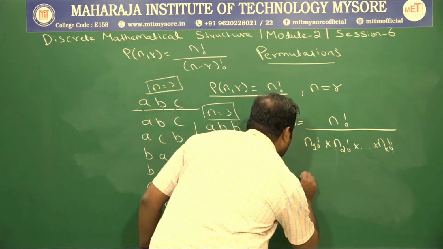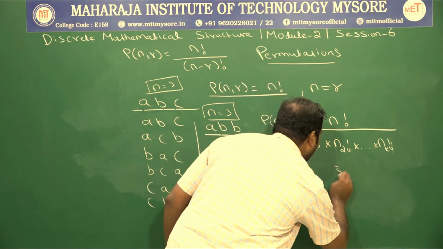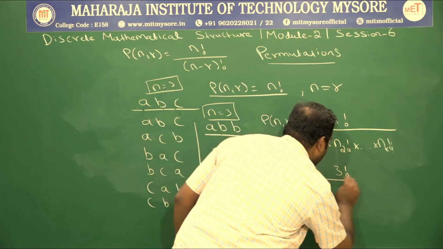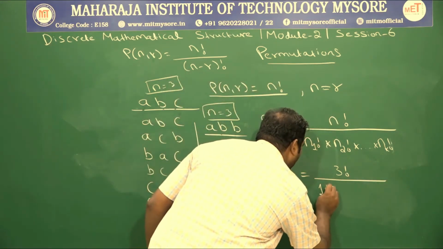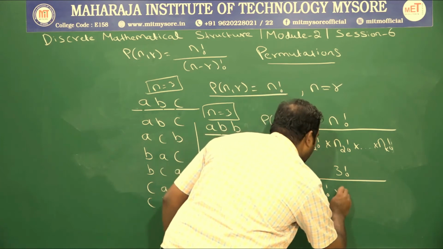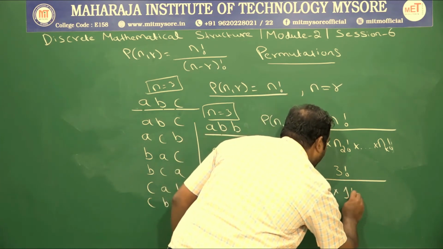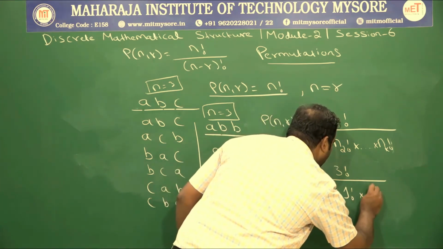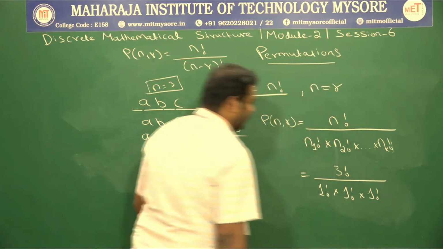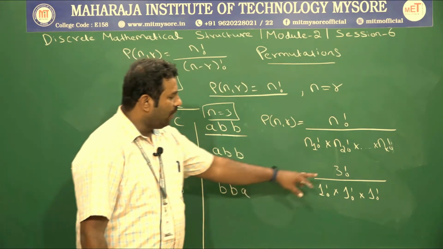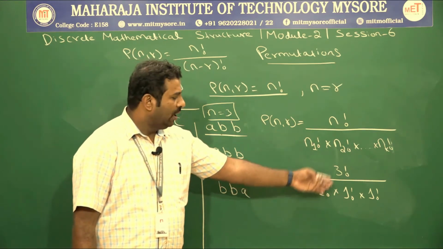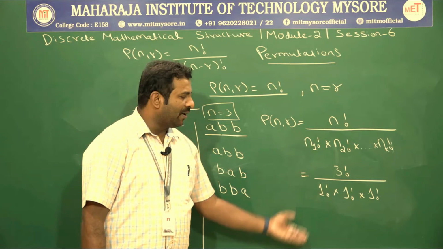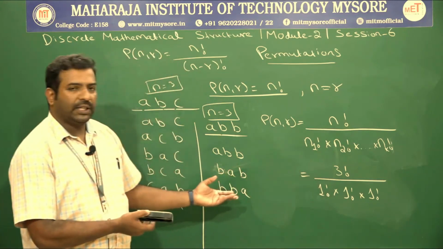Hence, I am going to have this as 3 factorial divided by 1 factorial multiplied with 1 factorial multiplied with 1 factorial. Fine. So now 1 into 1 into 1, I again end with 1. 3 factorial is 6. 6 by 1 is 6. I still end with the same.